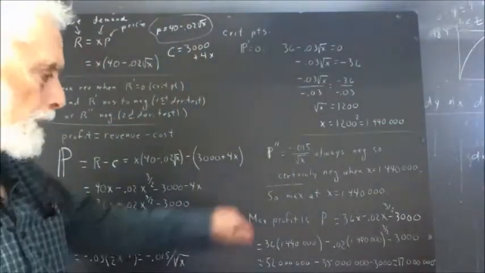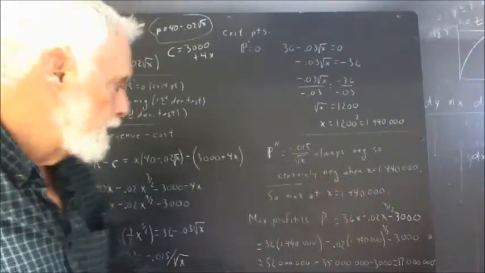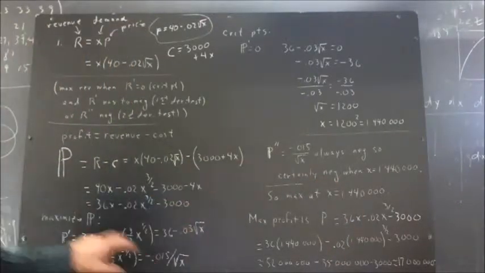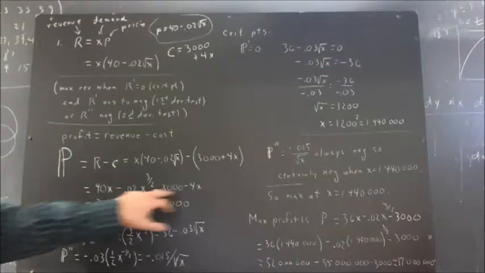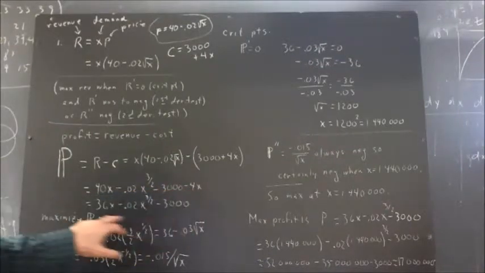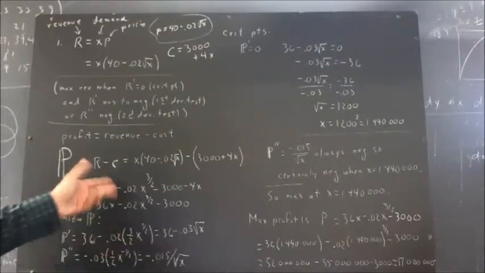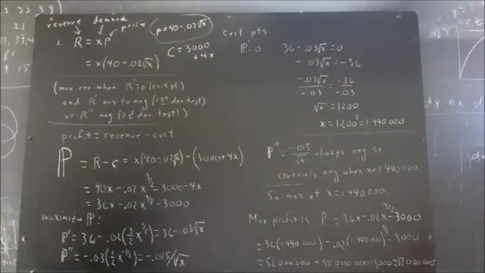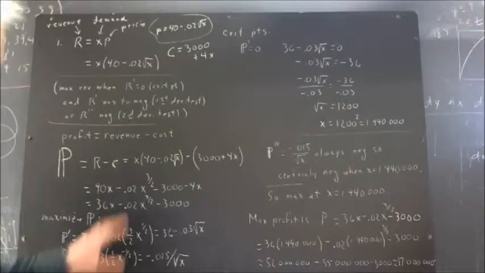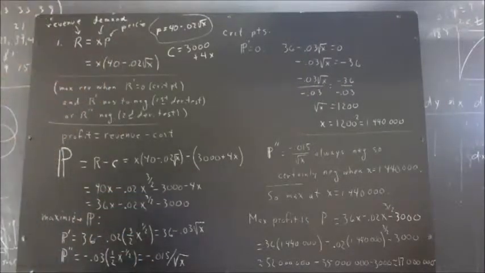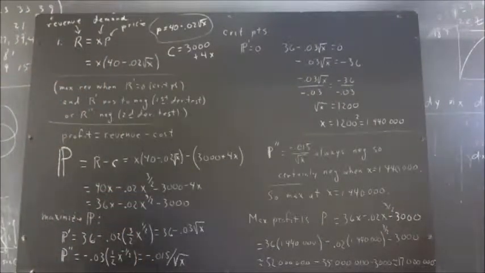Forget I said that, because this 36x includes the negative 4x cost. So we get $40 a piece minus $4 is 36. But then we have our minus 0.02x to the 3/2, and we don't want to get into analyzing that. That would just be confusing at this point.